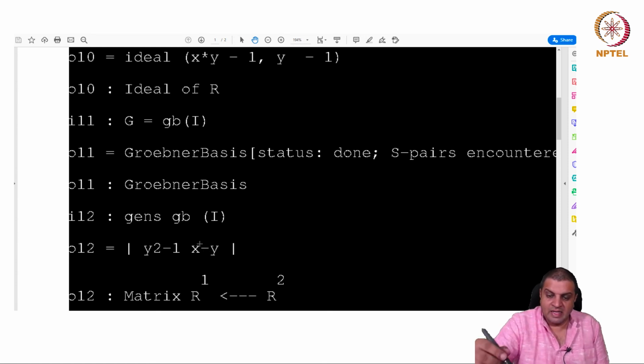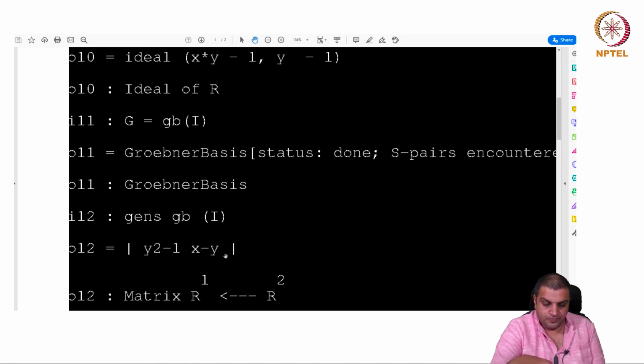That x minus y is in this ideal was not obvious by looking at this. We can calculate it: multiply by x, then we get x minus 1, and subtracting we get x minus y. Okay, and it says this is a Gröbner basis.